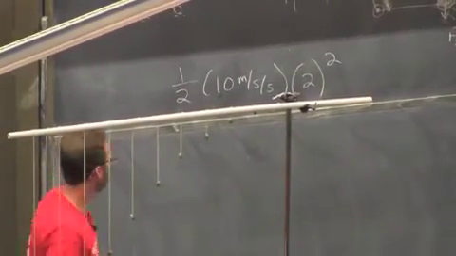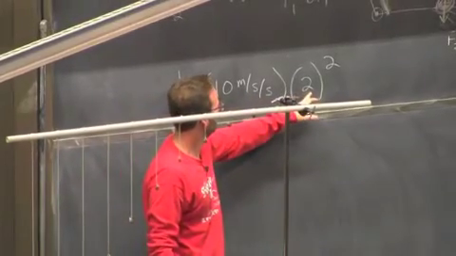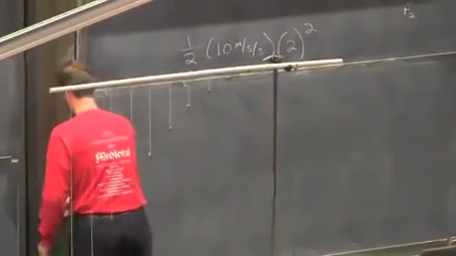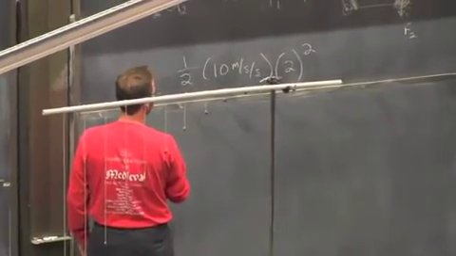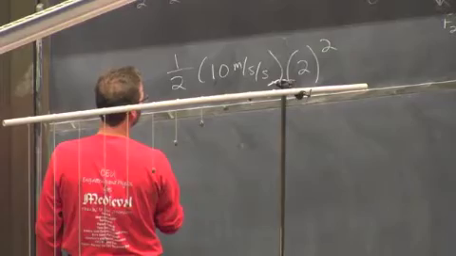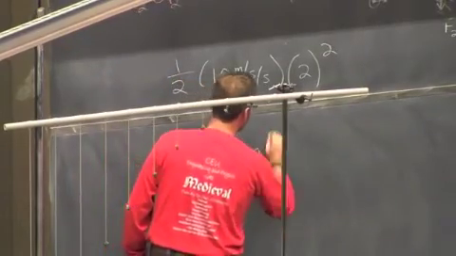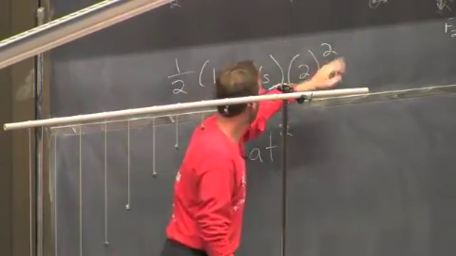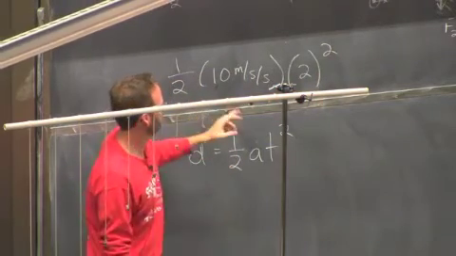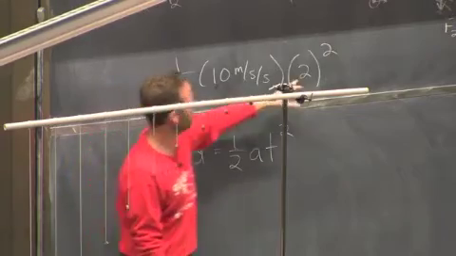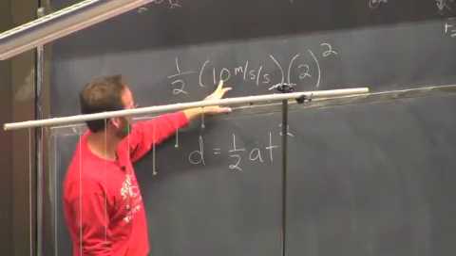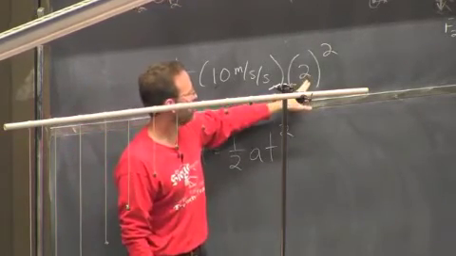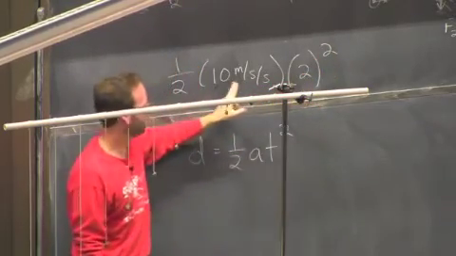And the third second? 3 squared is 9, times 10 is 90, divided in half is 45. 4 seconds. 4 squared is 16. 16 times 10 is 160.